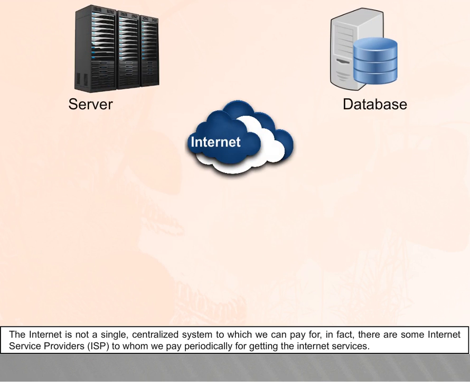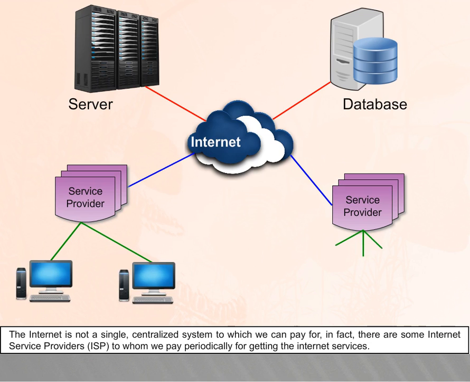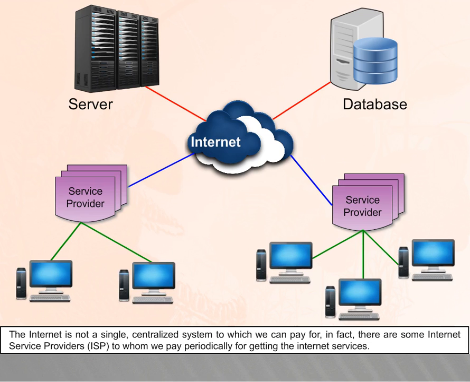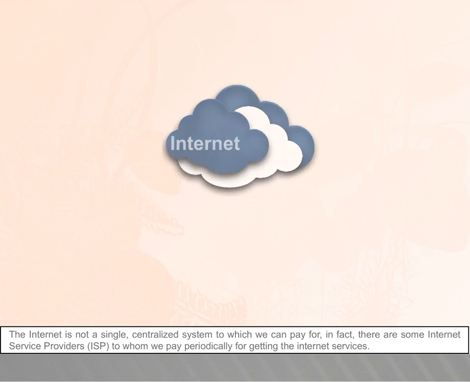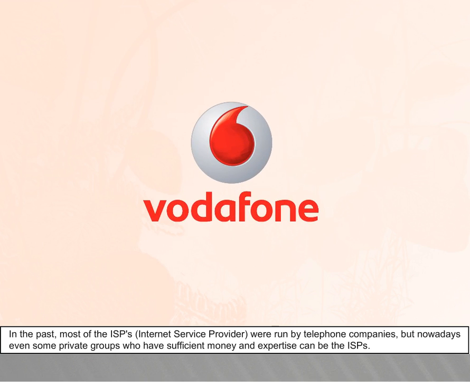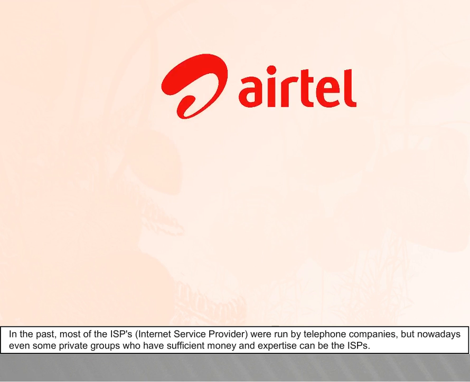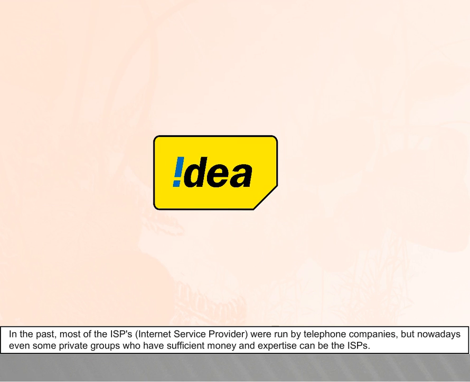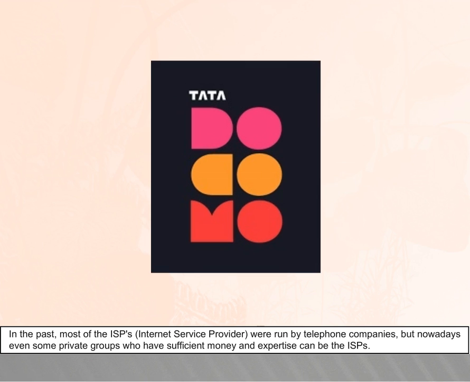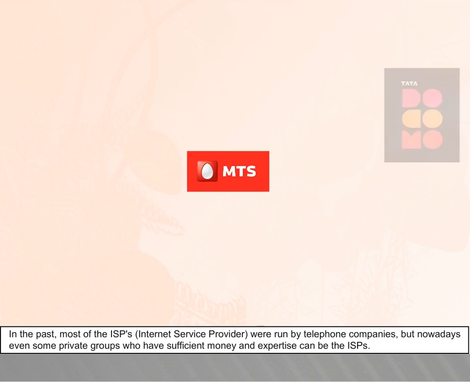The Internet is not a single centralized system to which we can pay for. In fact, there are some Internet service providers, ISP, to whom we pay periodically for getting the Internet services. In the past, most of the ISPs were run by telephone companies, but nowadays, even some private groups who have sufficient money and expertise can be the ISPs.